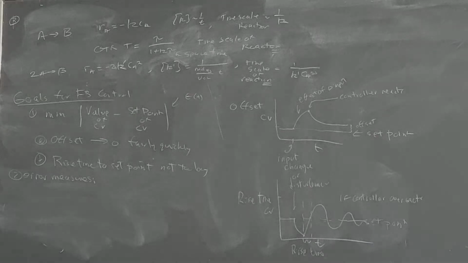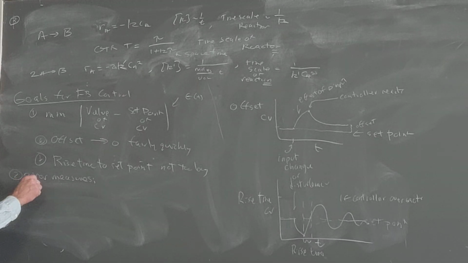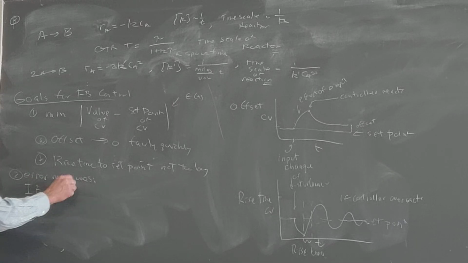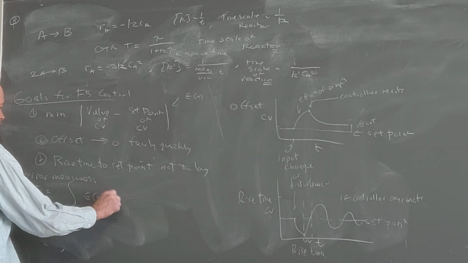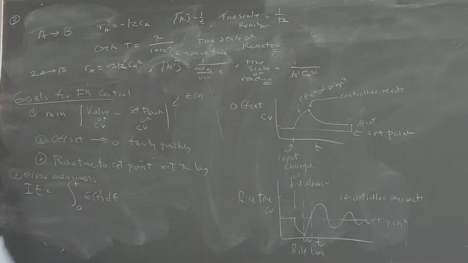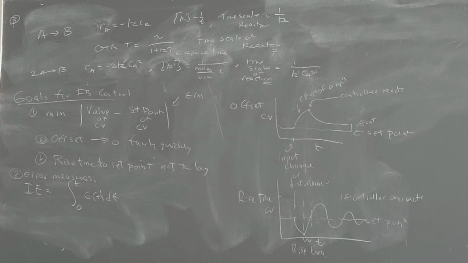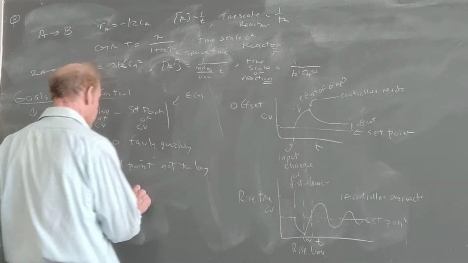It's the value minus the set point. So there's something called the integral error, which is the integral of epsilon of t' dt' from 0 to t. So it's integrating error as a function of time. That's not a very good measure.